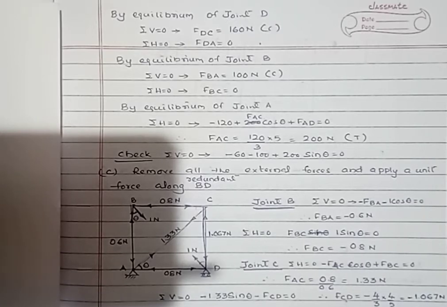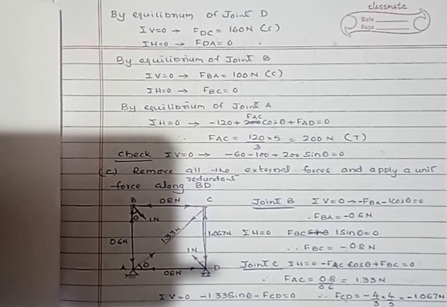Then the force in the member DC equals 160 Newton, that is compressive. Summation of H equals 0. Then the force in the member DA is 0.